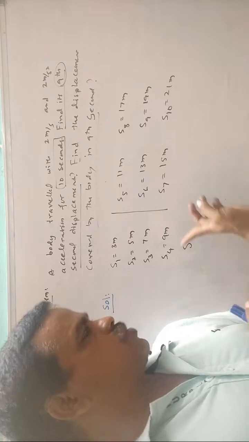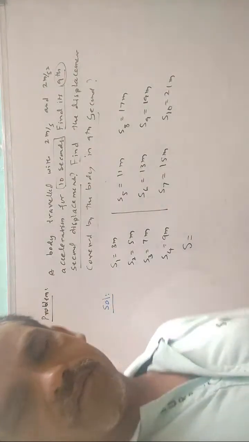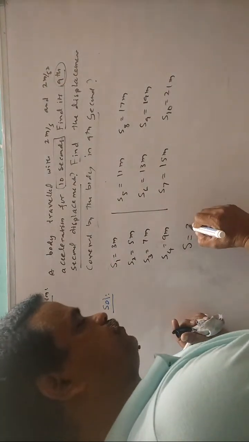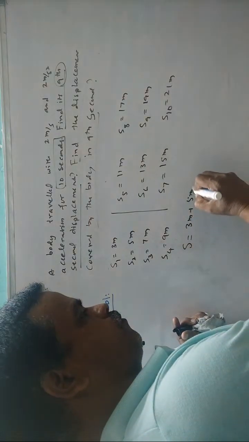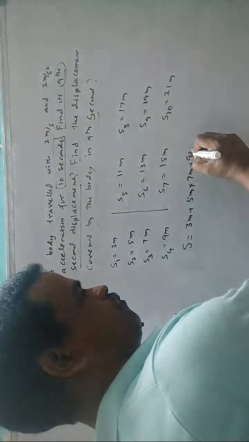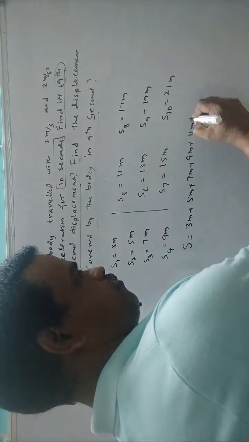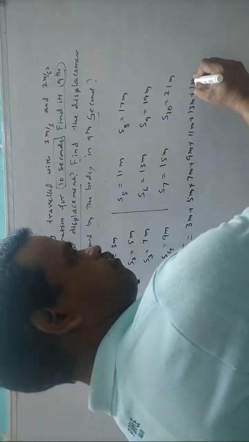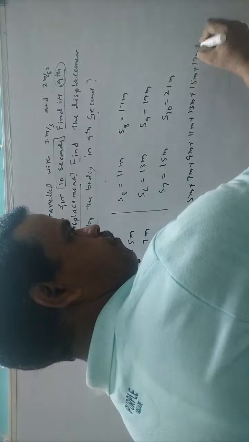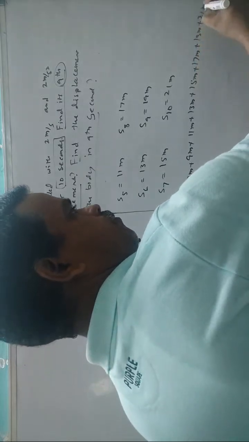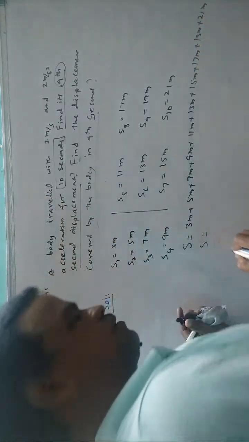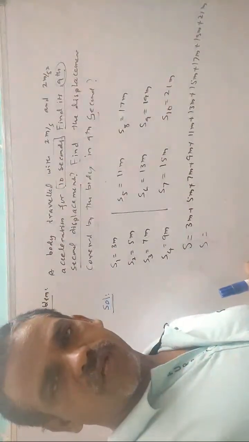What is my question is total displacement covered by the body. Just add it and tell me the answer. Give me answer. Displacement covered by the body in 10 seconds. Fast.